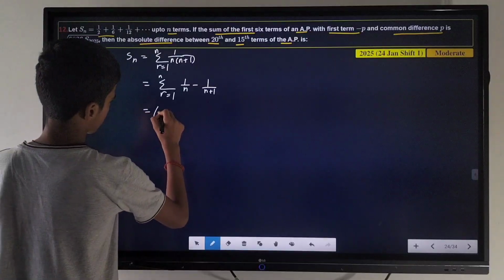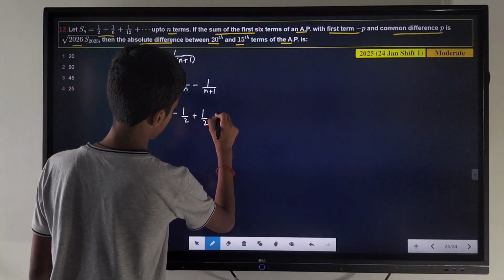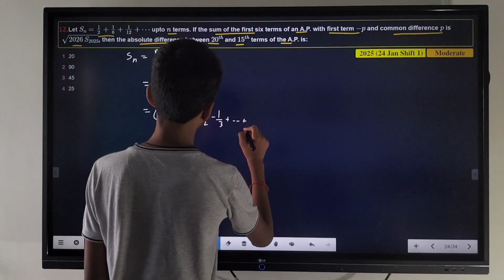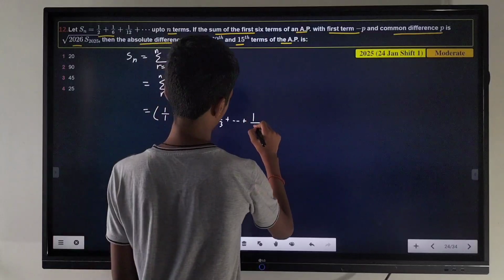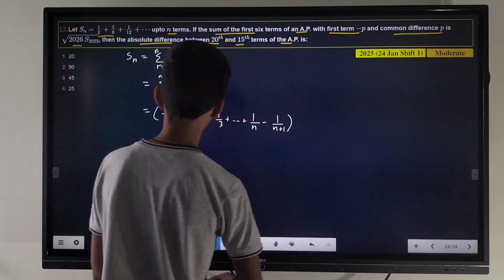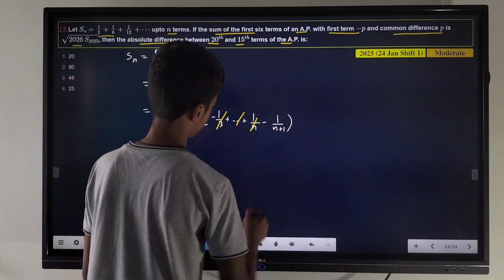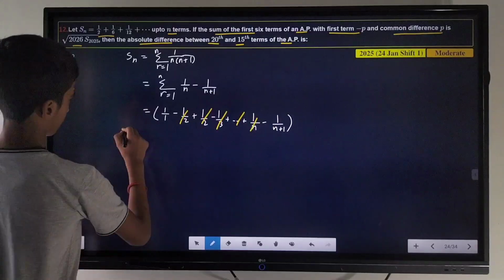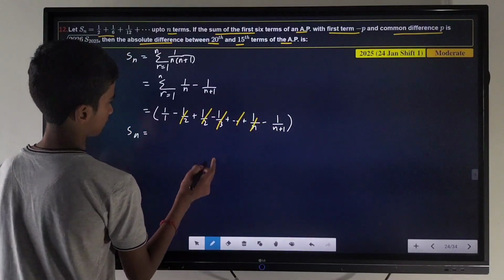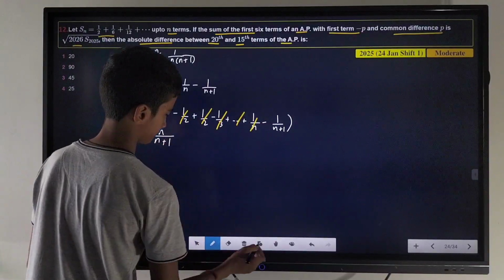So this is equal to 1 upon 1 minus 1 upon 2 plus 1 upon 2 minus 1 upon 3 plus and so on till 1 upon n minus 1 upon n plus 1. So the terms will get cancelled out. From here, S of n is equal to 1 minus 1 upon n plus 1, which is n upon n plus 1.